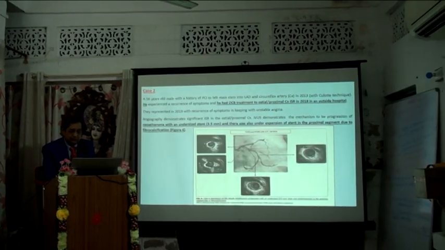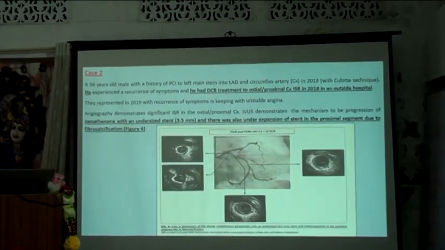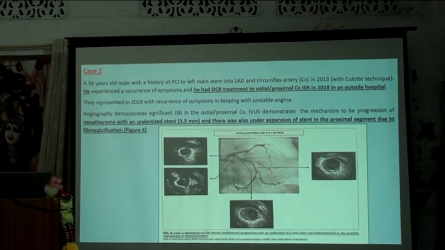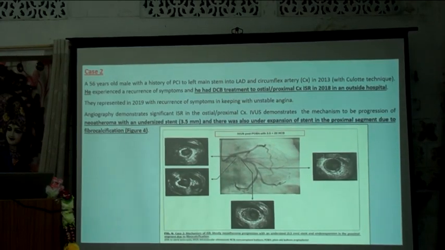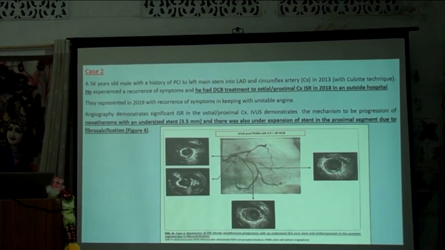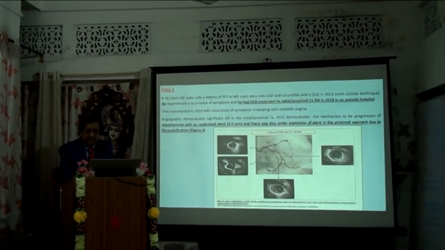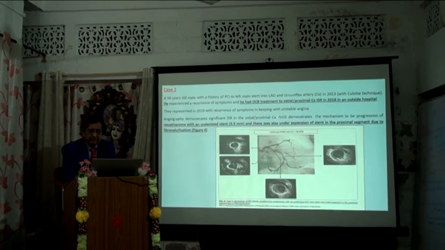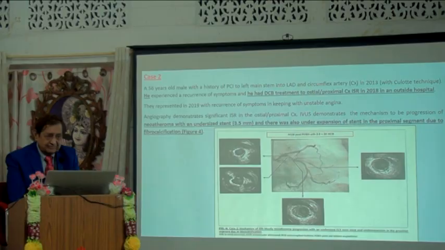Now case number 2, a 56-year-old male with a history of PCI to left main stem into LAD and circumflex artery in 2013 with the culotte technique. He experienced a recurrence of symptoms and had drug-coated balloon treatment to ostial and proximal circumflex in-stent restenosis in 2018 in an outside hospital.